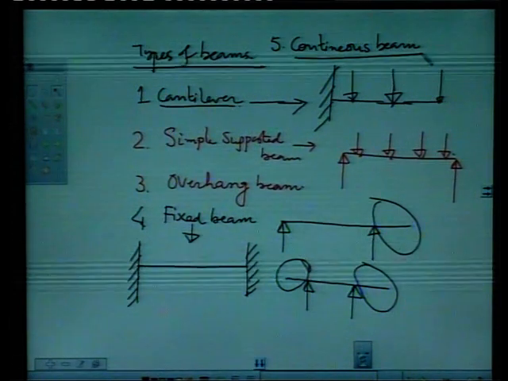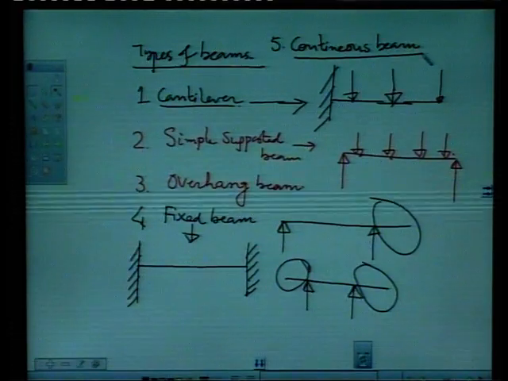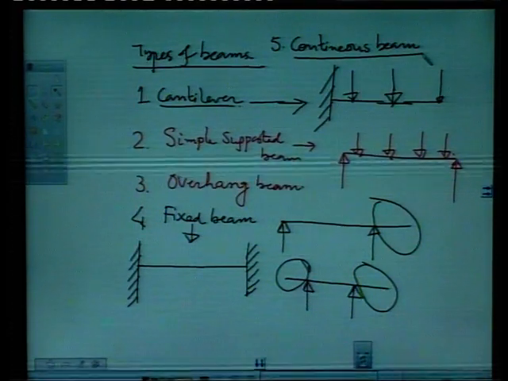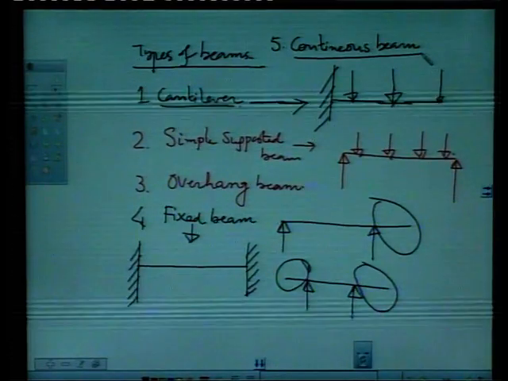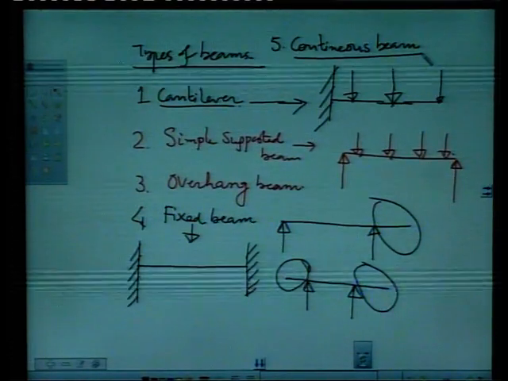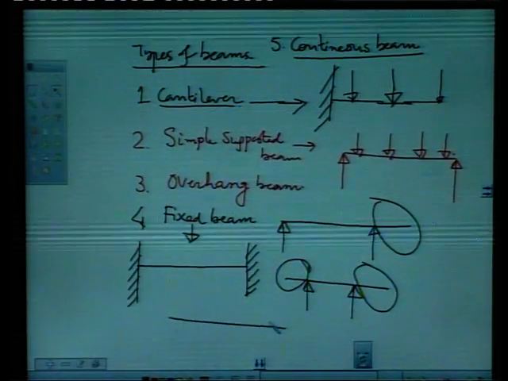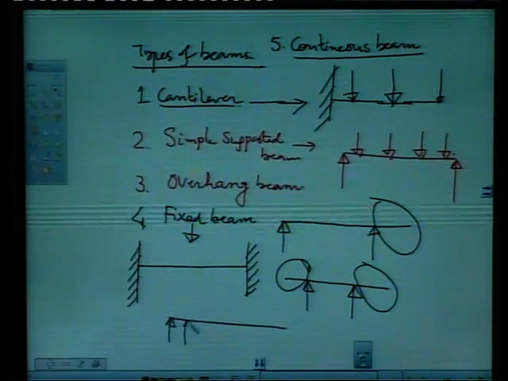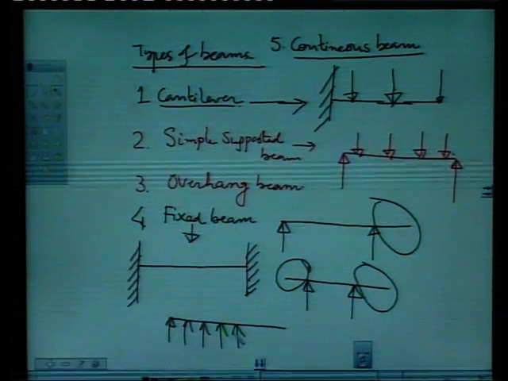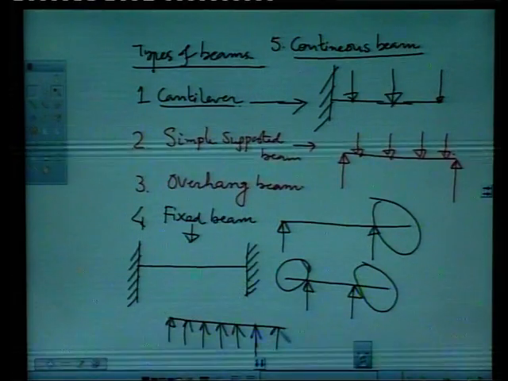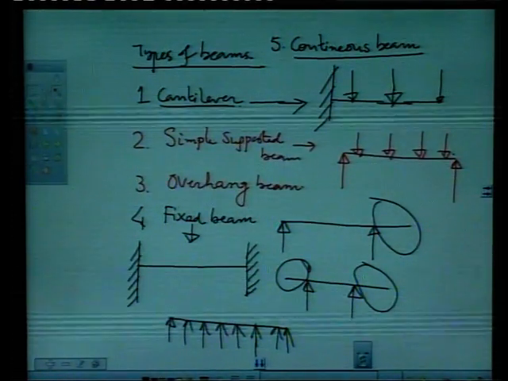There may be an overhang on one side or on both sides. Here the two ends are fixed or hinged. This is called a hinged beam or fixed beam. But in a continuous beam, the beam is continuously supported, not by two supports but by a number of supports, like this, like this, like this. This is a continuous beam.